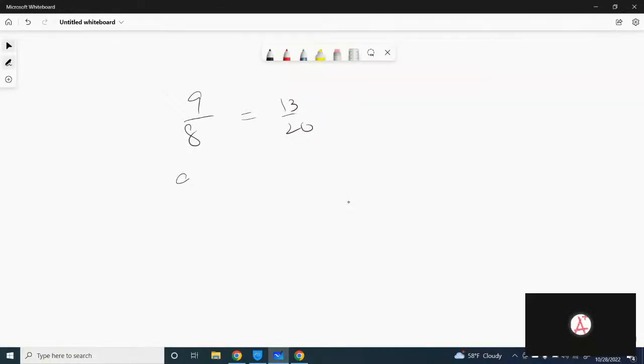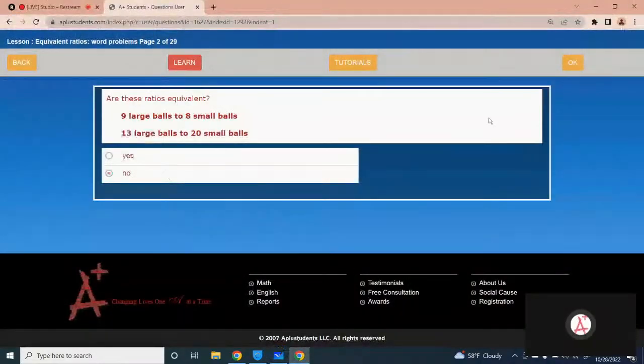Let's just do cross multiplication. 9 times 20 and 13 times 8. 9 times 20 is 180, and 13 times 8 is 104. So they are not equivalent. That means the fractions are not equivalent. Got it? Okay, just select the correct option. The answer is no, and then move on to the next question.